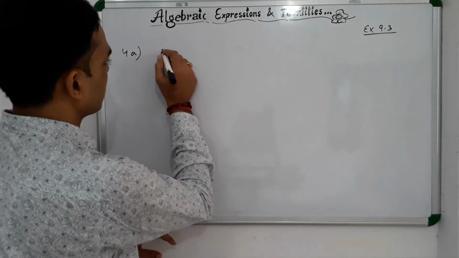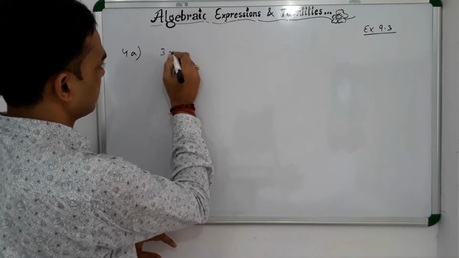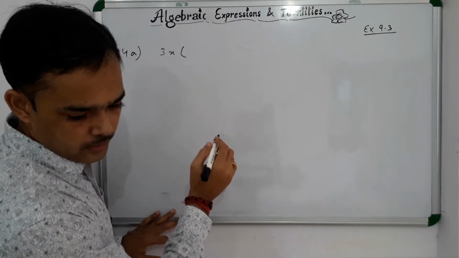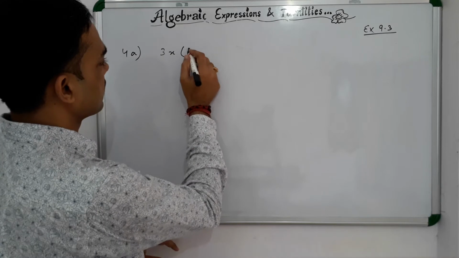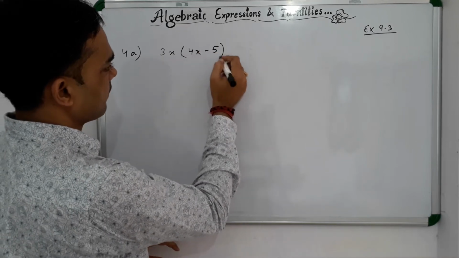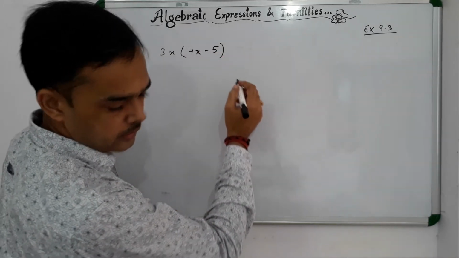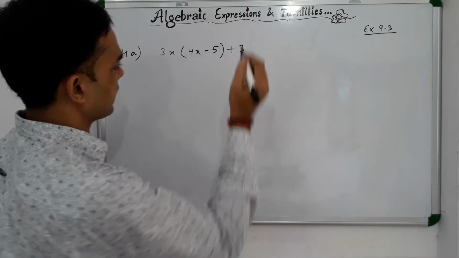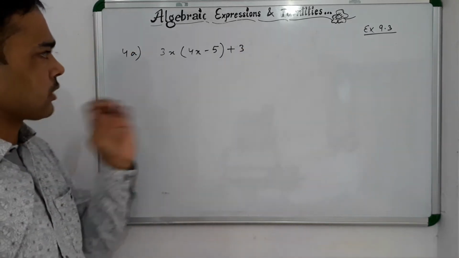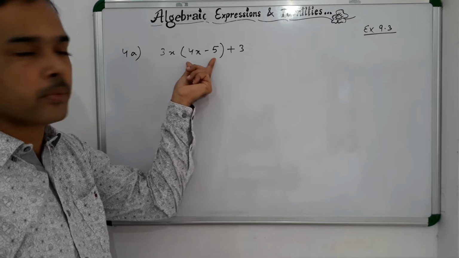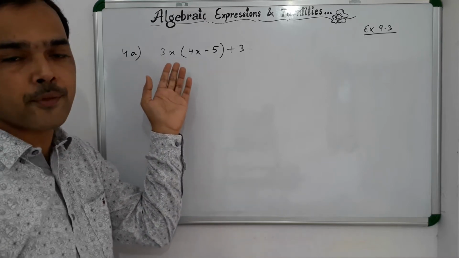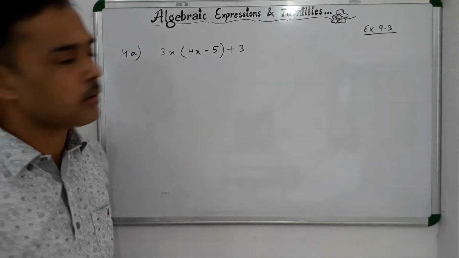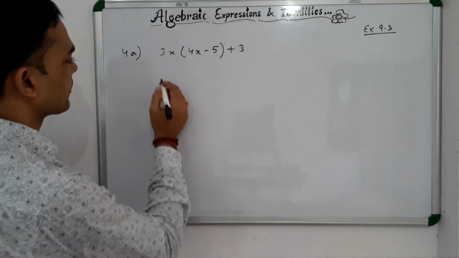So it is written 3x, then in bracket it is written 4x minus 5, and then it is plus 3. What you are observing, this is a binomial and this is a monomial, so we have to multiply a monomial by a binomial.